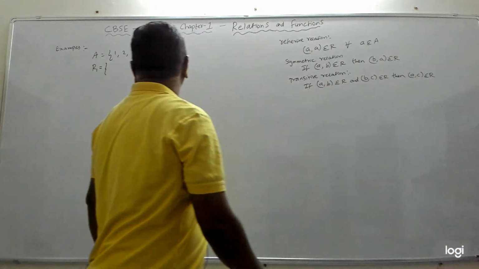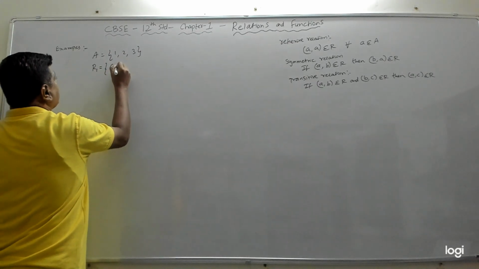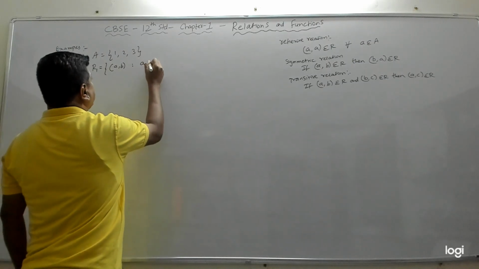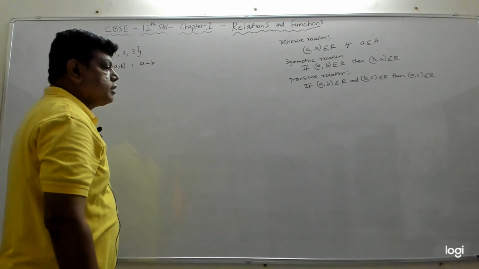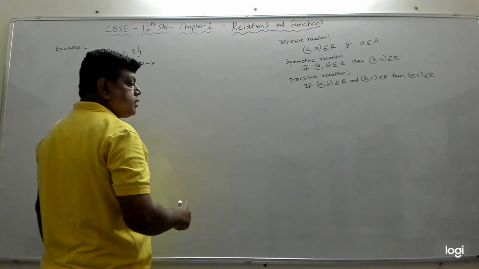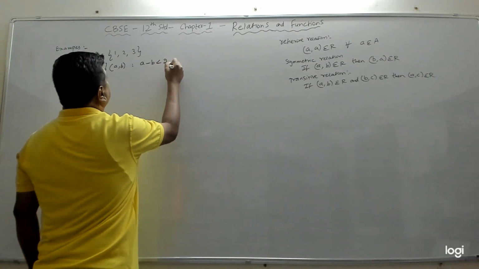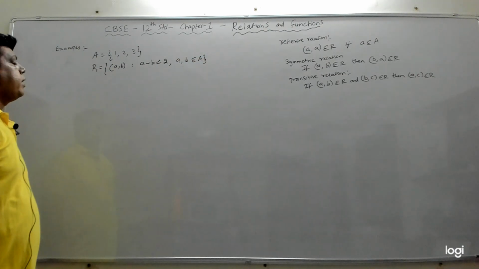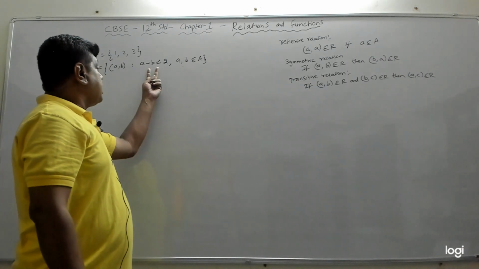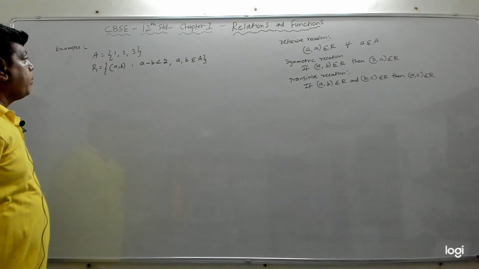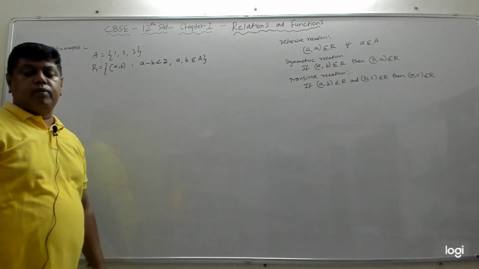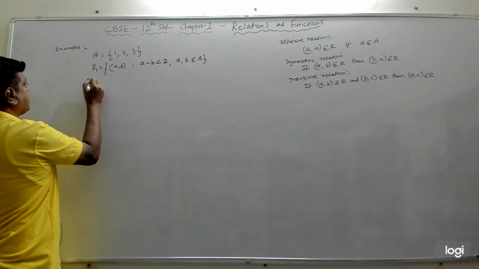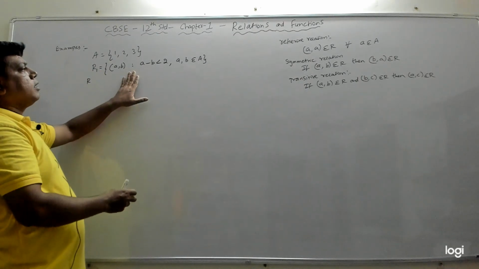I'm going to write it in set builder form, which means the set of all (A, B) such that A minus B is less than 2, where (A, B) both belong to the set A. This is a condition: A minus B should be less than 2, where A and B are from set A. Now, when R1 is given, the question is: is it reflexive?